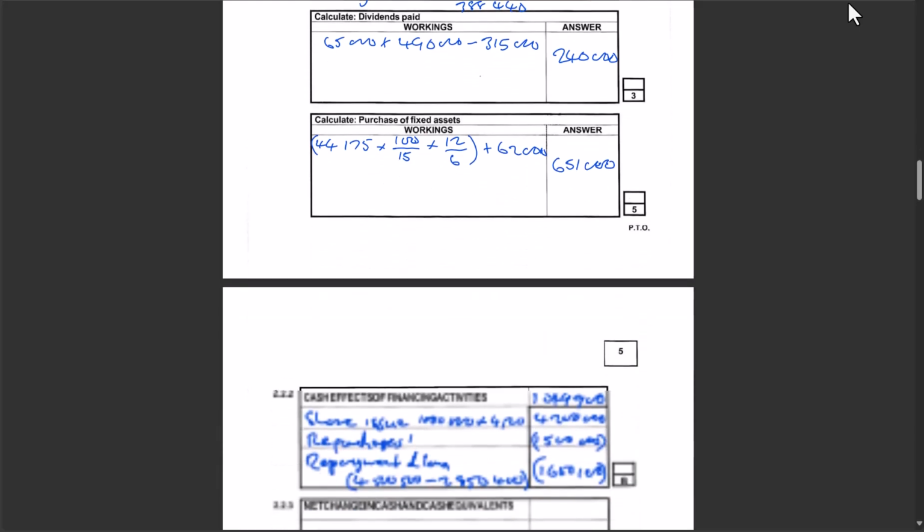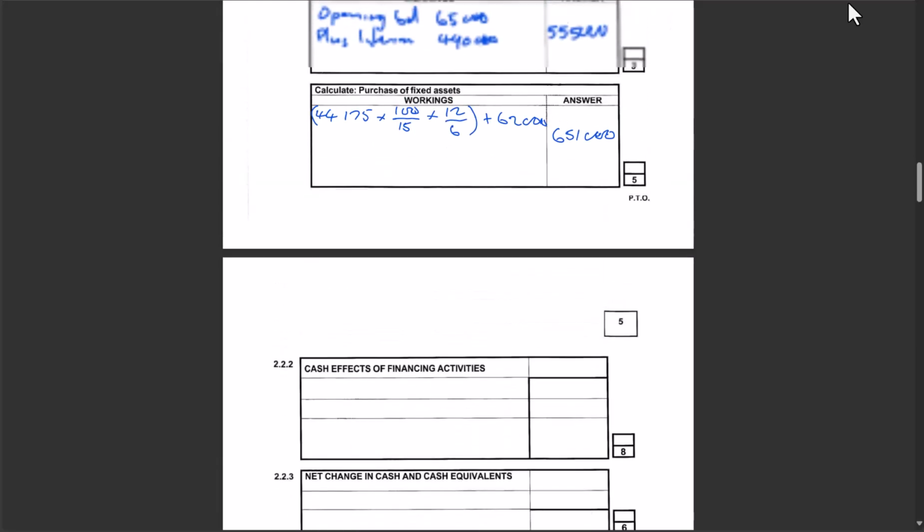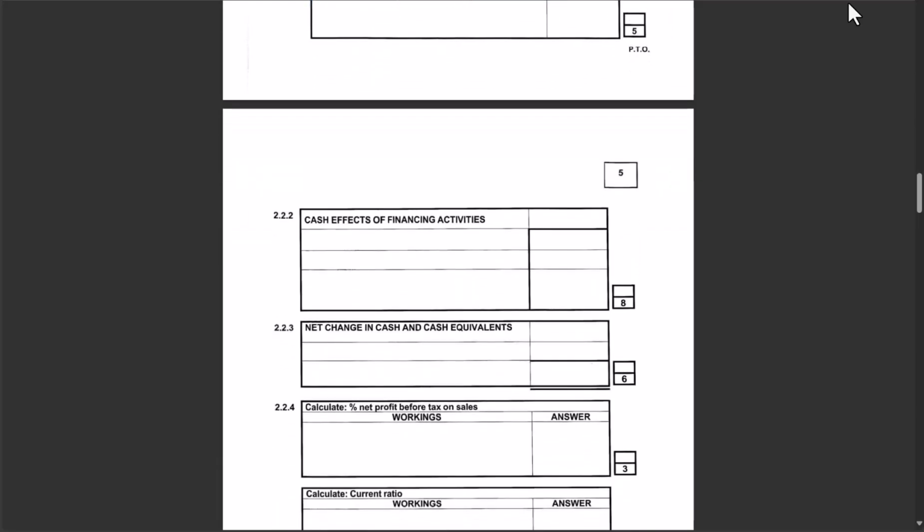Then the next question was cash and cash effects of financing activities. So first, we have issue of shares, then we have repurchases of shares, then we have loan repayment.